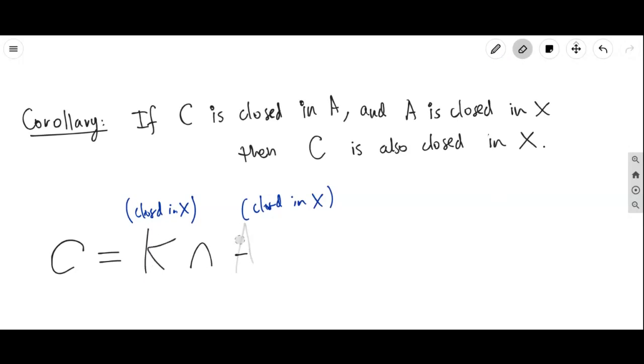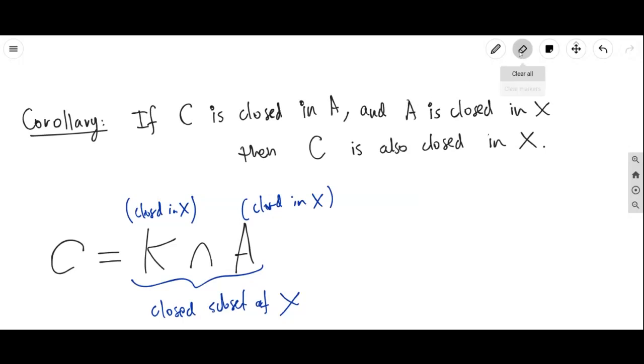This is a closed subset of X. That's a closed subset of X. And the intersection of two closed subsets of X is a closed subset of X. And so it follows that this C also has to be a closed subset of X. So that's the way that it works. It's a very simple consequence of what we've said.